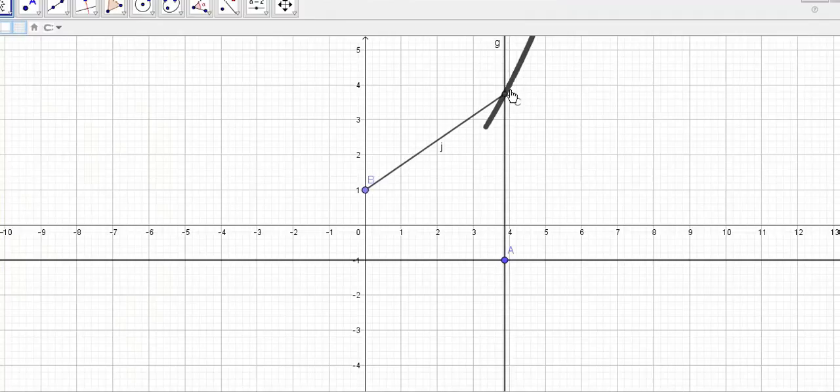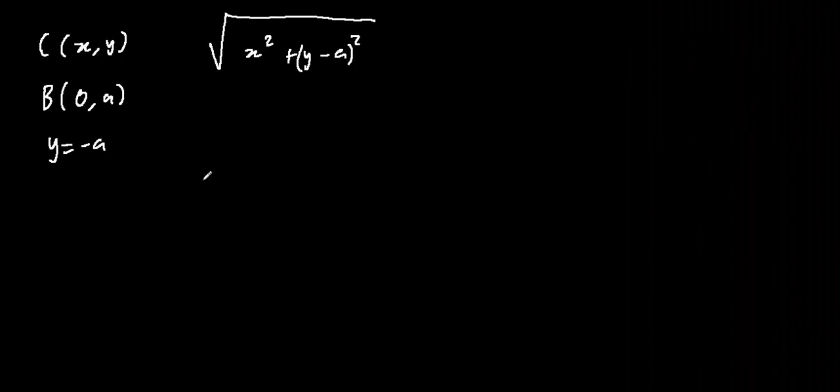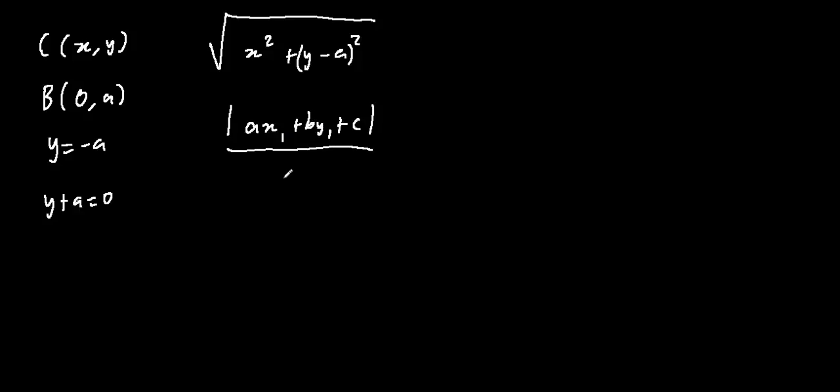Now the distance between C and A, we can start applying our perpendicular distance formula. First off, you've got to get this into its general form, which is y plus a is equal to 0, where everything equals 0. All cool? Then the perpendicular distance formula is the absolute value of ax1 plus by1 plus c, all over the square root of a squared plus b squared.